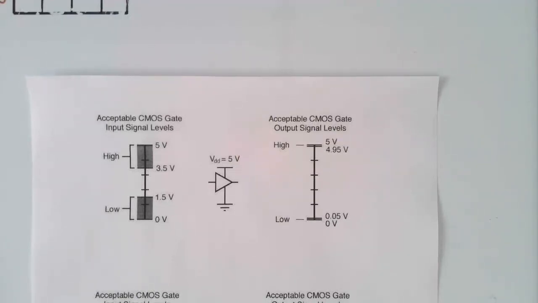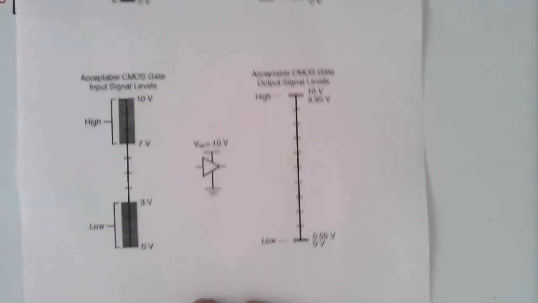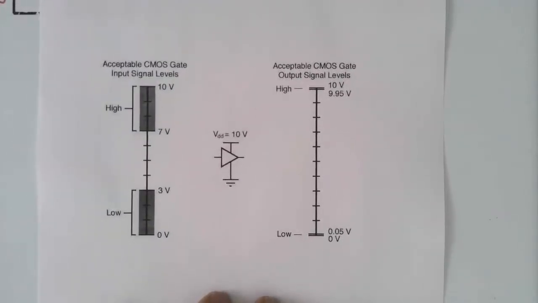Now the other thing that's important here that I failed to mention in the beginning is that we typically are working with 5 volts for logic levels. They can actually go down to 3.3 volts or lower. But with CMOS, one of the advantages is that you can actually supply a higher voltage. So let's take a look at what we can do. If we use 10 volts instead for our supply voltage, now you'll notice much bigger gaps between the low and the high.